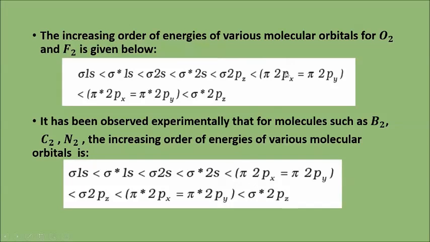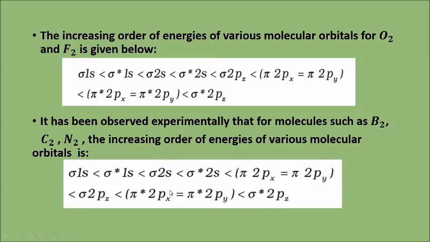So the change is after sigma star 2s. Here sigma 2pz has the lower energy for oxygen, fluorine and neon. But for boron, carbon and nitrogen, after sigma star 2s come pi 2px and pi 2py, and only after that sigma 2pz comes. So only here is the change. Other than this, the antibonding order is similar in both cases.